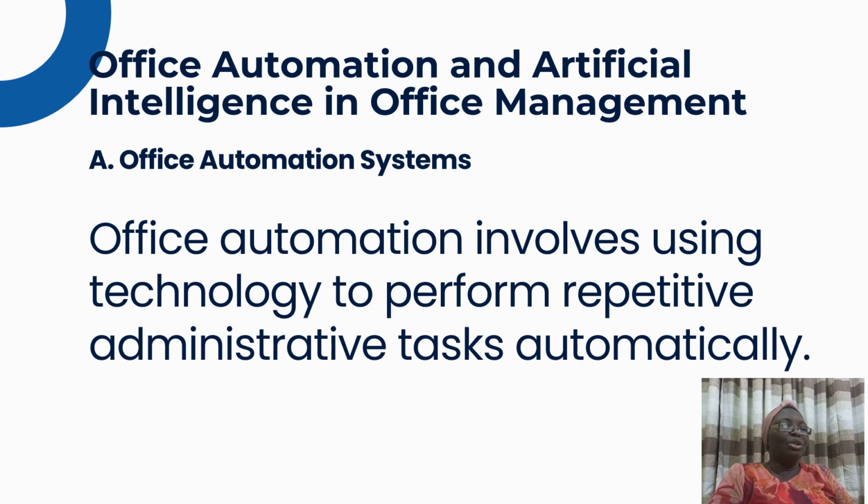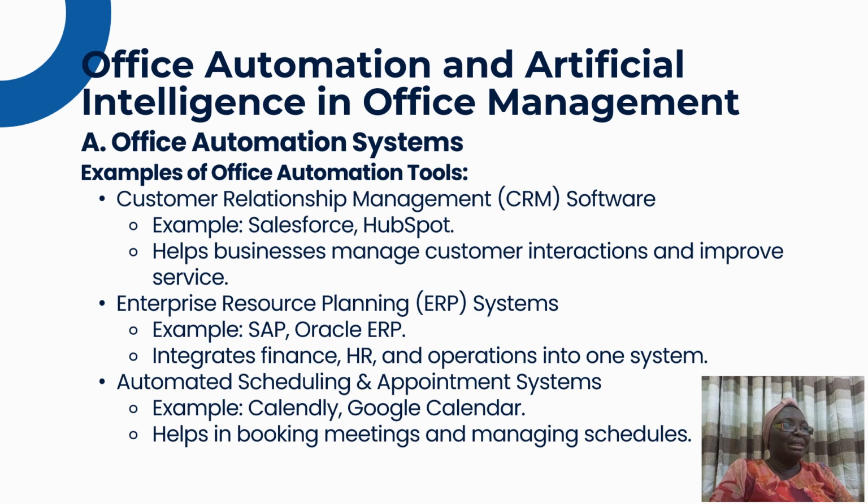You don't need to stress yourself. These office automation systems, for example, we have customer relationship management, CRM software, such as Salesforce, HubSpot. It helps businesses manage customer interaction and improve services.